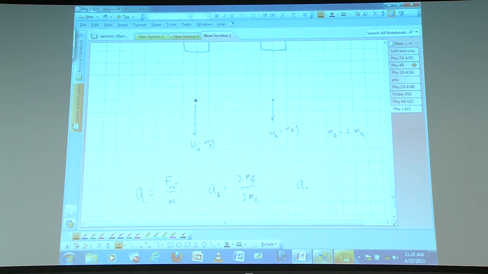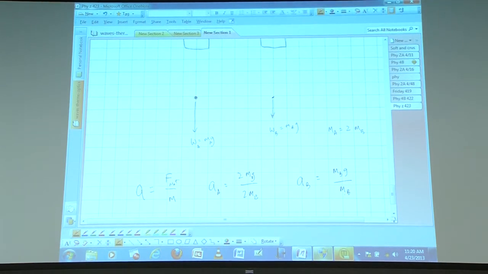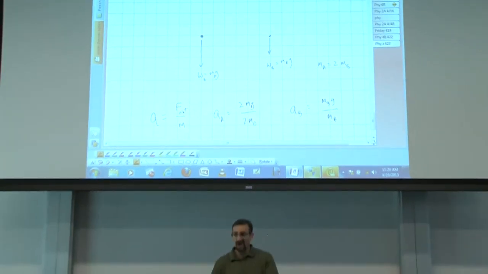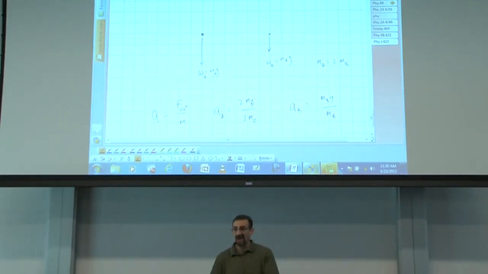And the acceleration of object B is mb g over mb. So B has half the force, but it has half the inertia. So they both end up with the same acceleration. They both fall at the same rate, as long as there are no other forces acting on it, like air resistance.